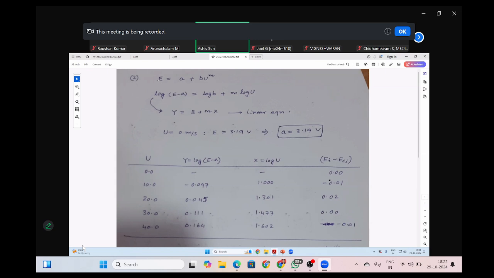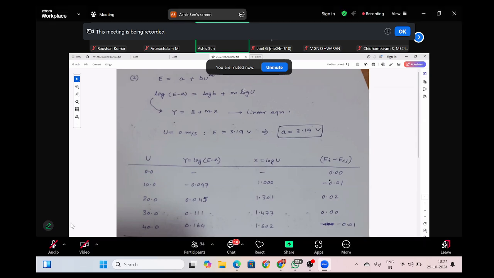So you can write E minus A is B into u to the power m. Now if you take logarithm on both sides, it will be log of (E minus A) equals log B plus log u to the power m, and log u to the power m will be m log u, right?